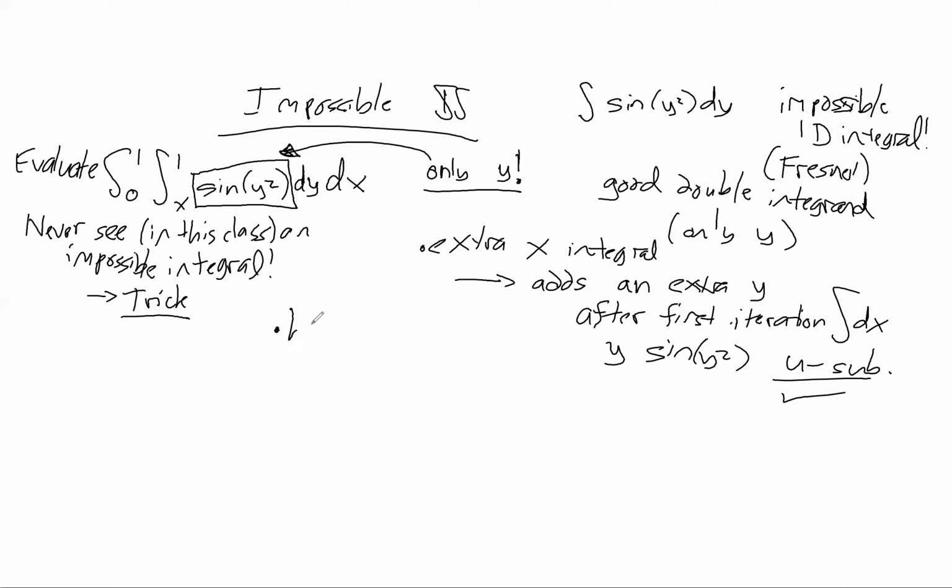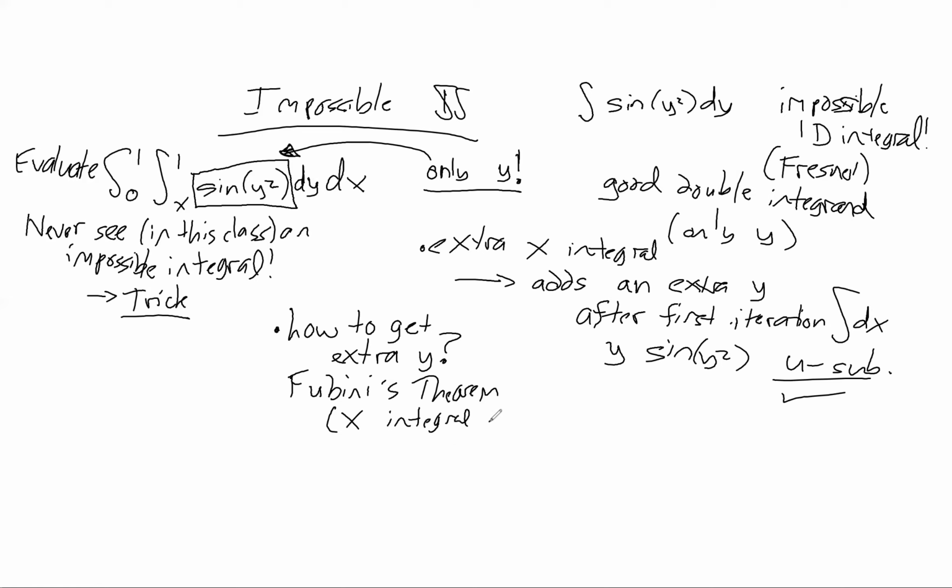Okay, so the question is, how do we get that extra y? Well, really, it's Fubini's theorem, because we want to do the x integral first. But it's not a rectangle.